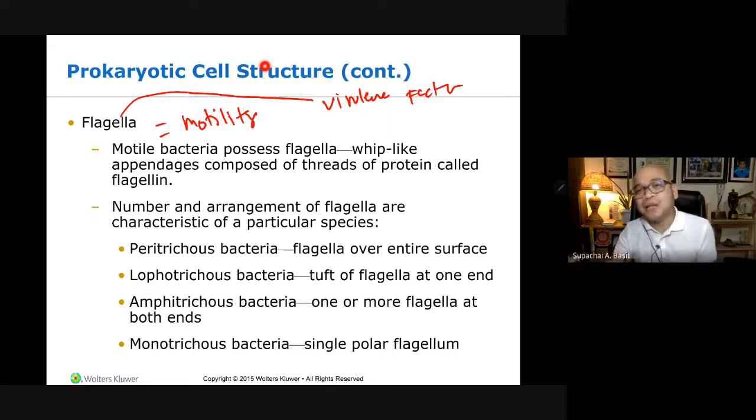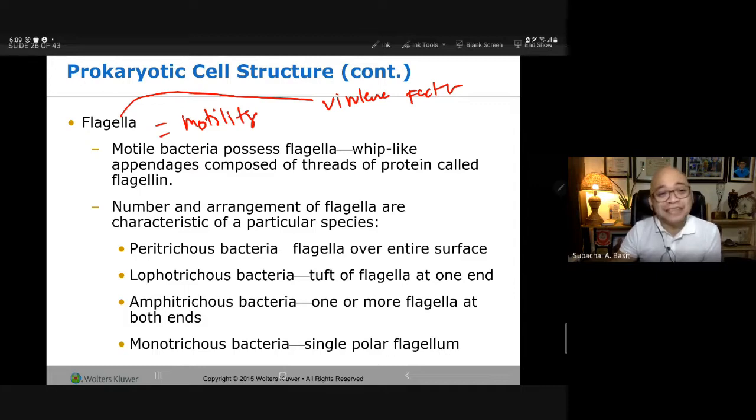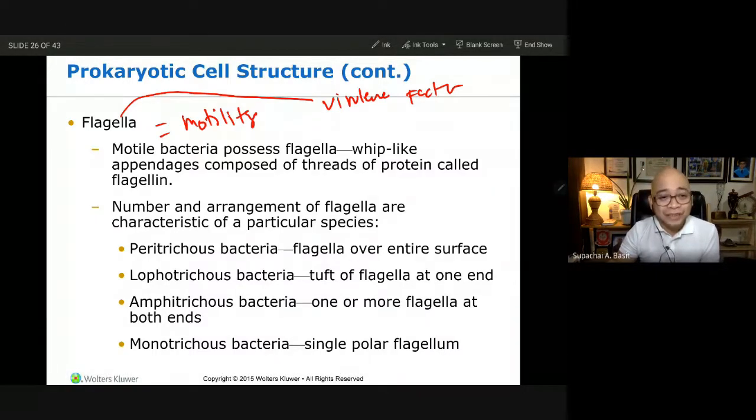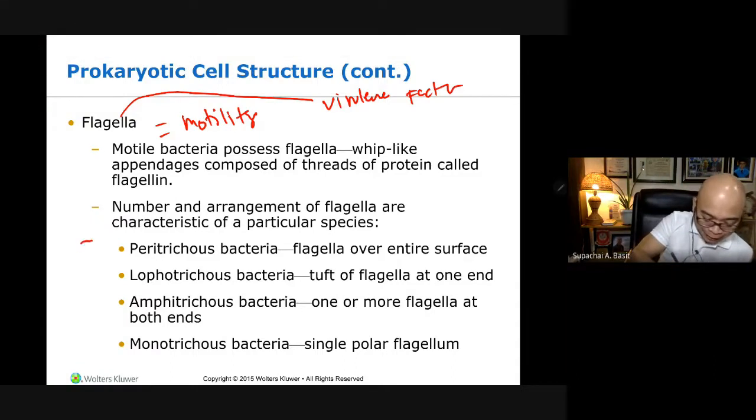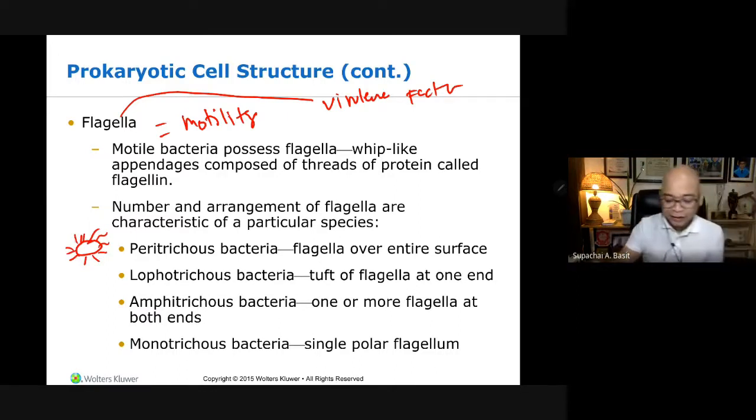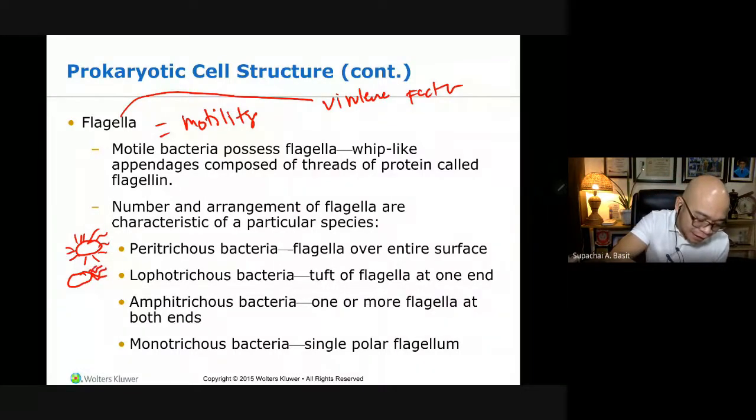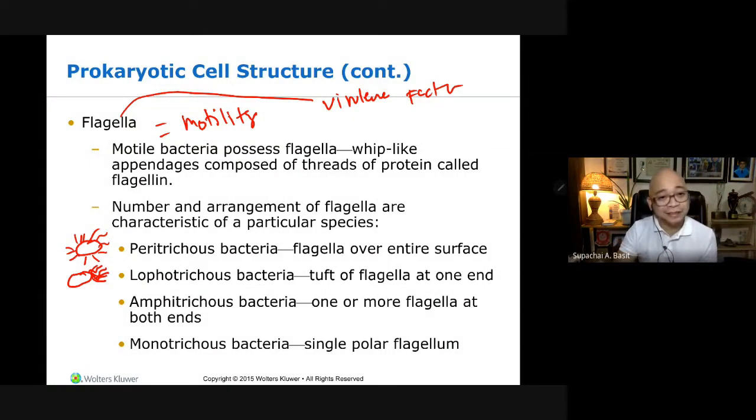We can also classify flagella according to their number and arrangement. Peritrichous flagella surround the entire cell. Lophotrichous flagella have a tuft of flagella at one end of the cell.